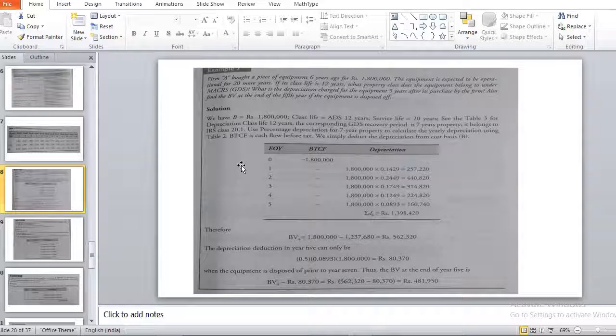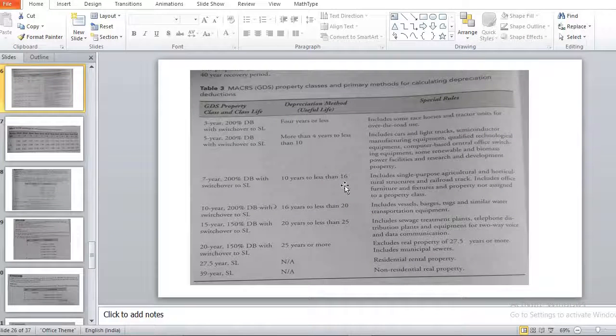for class life 12 years, the corresponding GDS period is 7 year property. From table number 3, for a class life of 12 years, the corresponding GDS recovery period is found. If you go to the third table, the class life of 12 years is in between 10 and less than 16, so it comes under this rule.